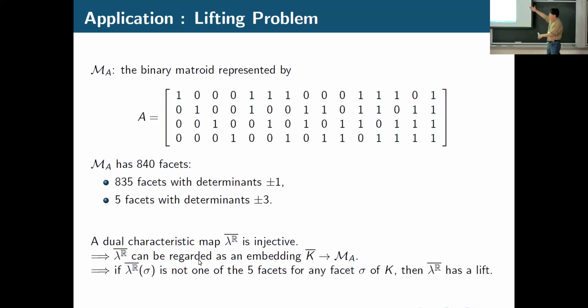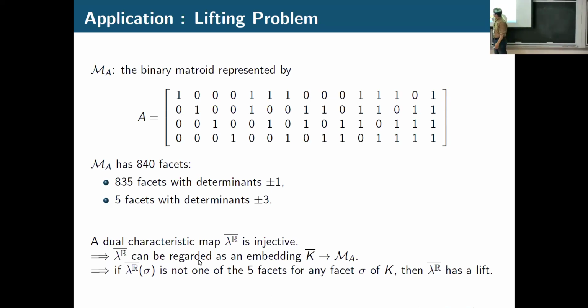Among them, we can easily check that 835 facets have determinant plus minus 1, but only 5 facets have determinant plus minus 3. Okay, so by using the dual characteristic map, and I didn't explain what K bar is, but this K bar is the dual complex of K from the viewpoint of Gale diagram, Gale duality.